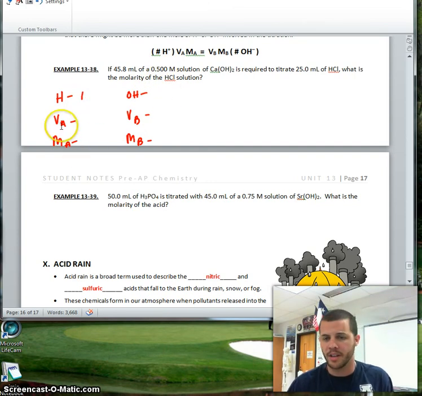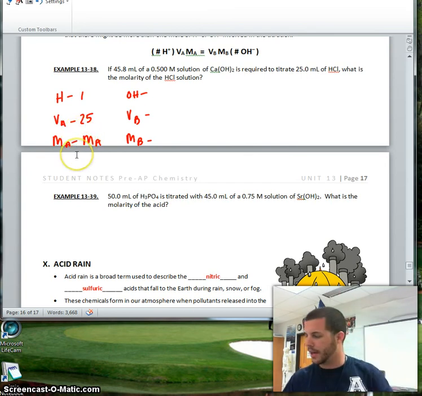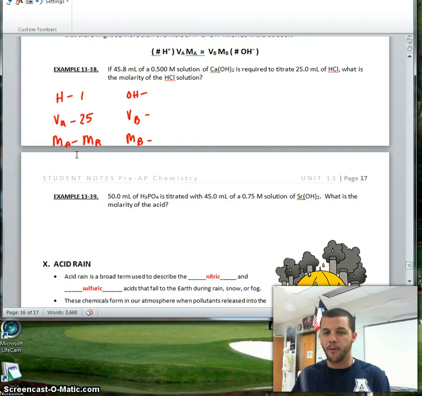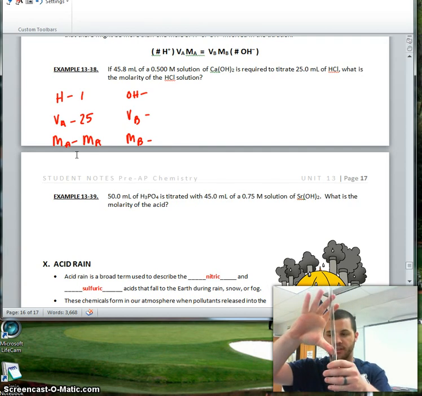There's one hydrogen. The volume of our acid tells us that we're using 25 milliliters of HCl, and our molarity is unknown. That's what we're looking for, okay? But we have titrated it, meaning that we've turned our little base on from our burette, and we've added 45.8 milliliters from our burette.